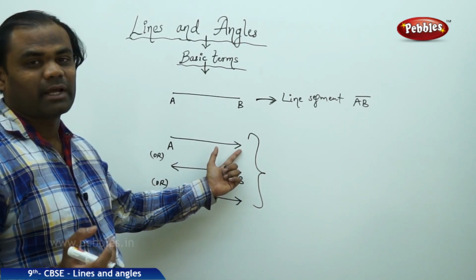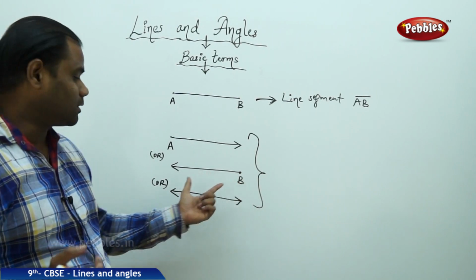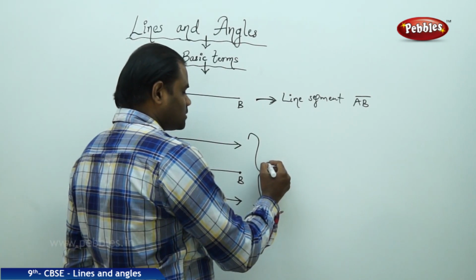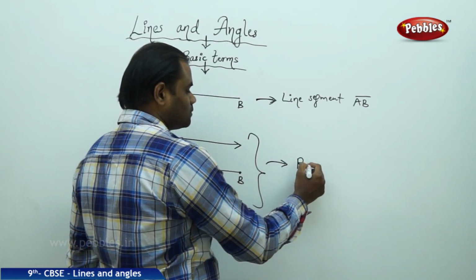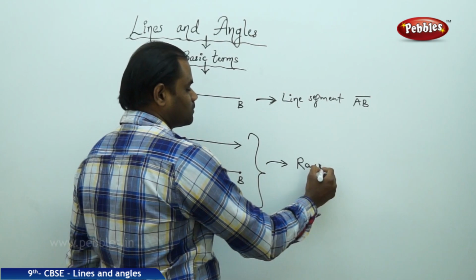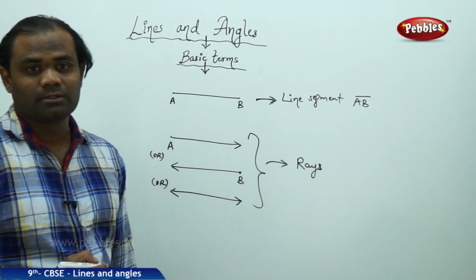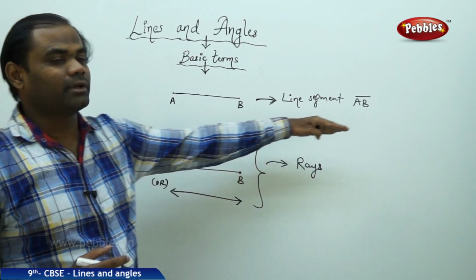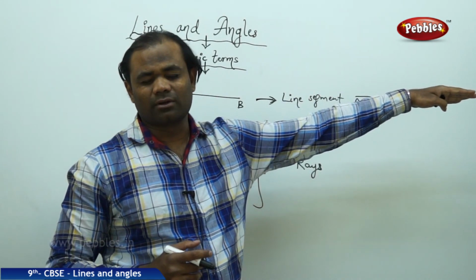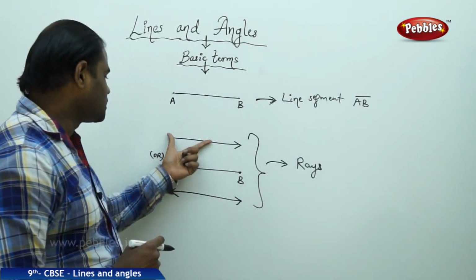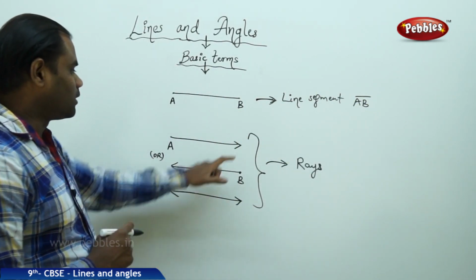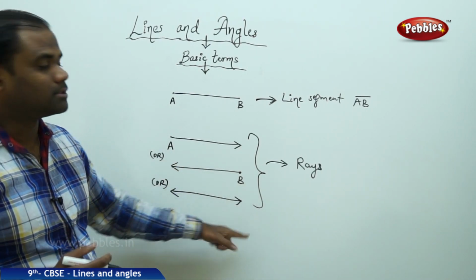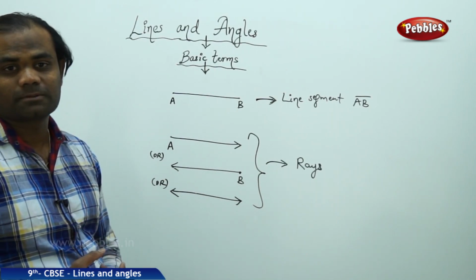Here it doesn't end on the right, here it doesn't end on the left, and here the line doesn't end on either side. Such lines are called rays. A light ray which passes, imagine I take a torch and pass a light ray, it never ends, it goes on and on. So we call this a ray. The right ray, the left ray, the two end ray is how we define the subterms.